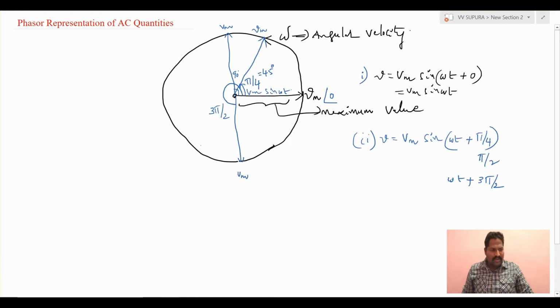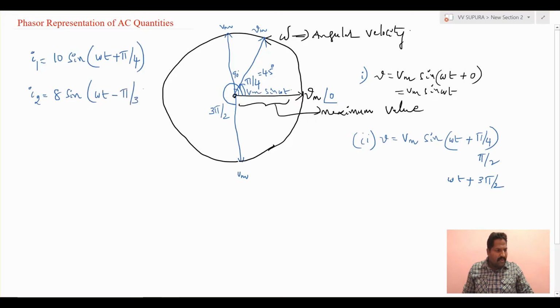Okay, these are all RMS values. So let's represent these values. I1 is equal to 10 sine omega t plus pi by 4. This is one waveform, and I2 is equal to 8 sine omega t minus pi by 3.